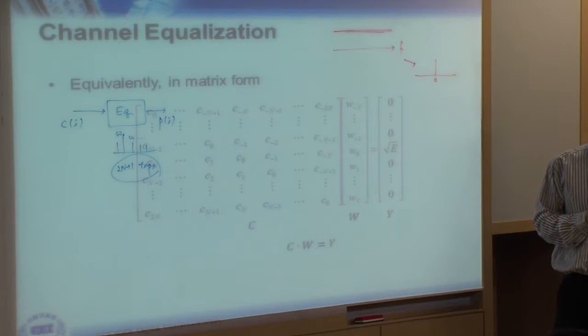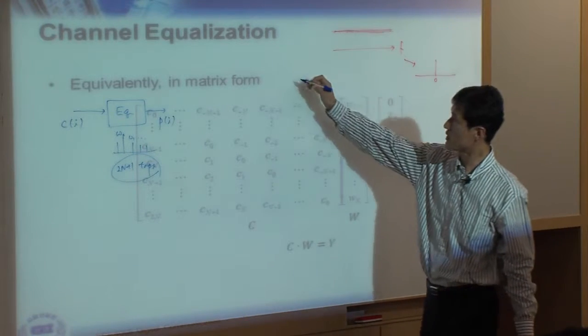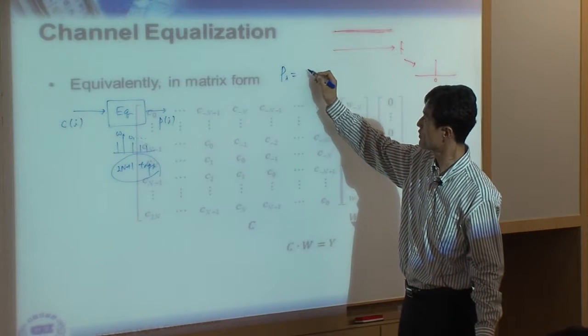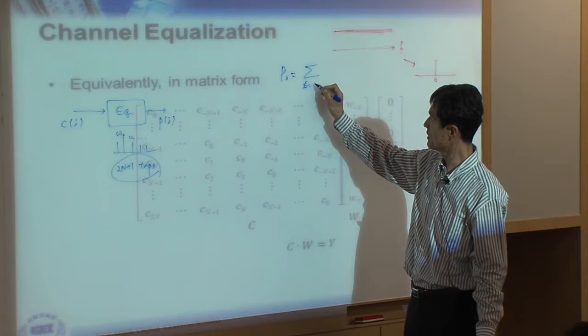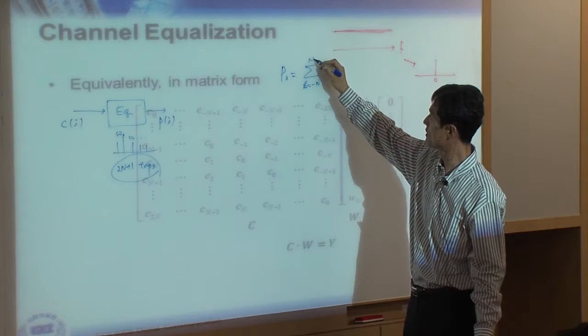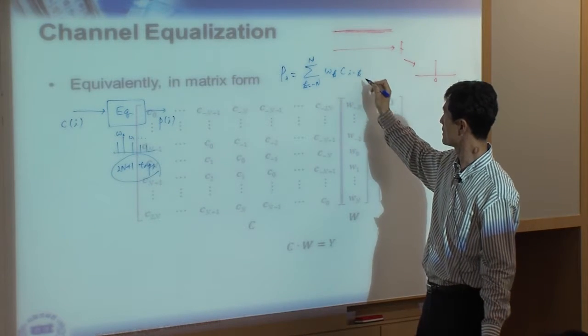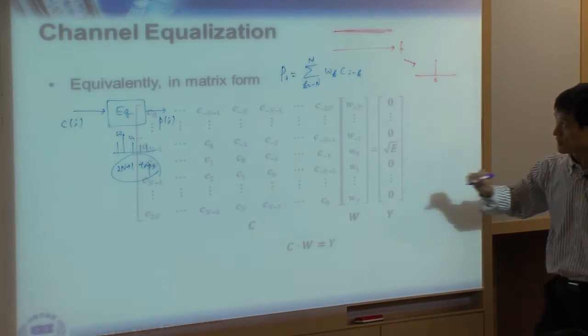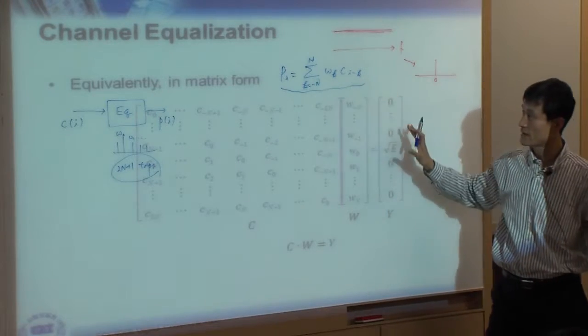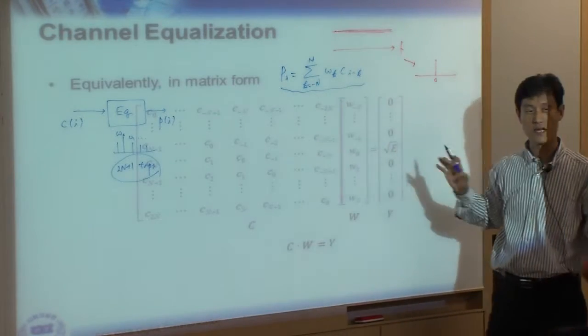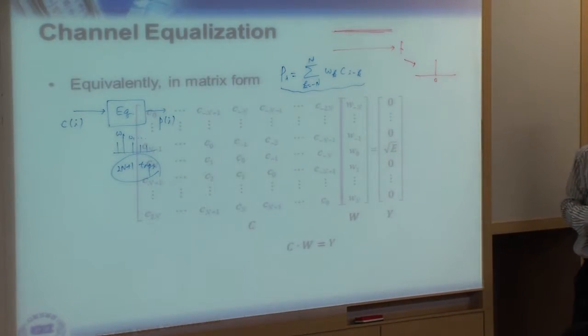In the previous equation, it looks like P_i equals sigma k from minus N to N of w_k c_(i minus k). Something like this, right? This matrix is the same thing. You can try that, right?